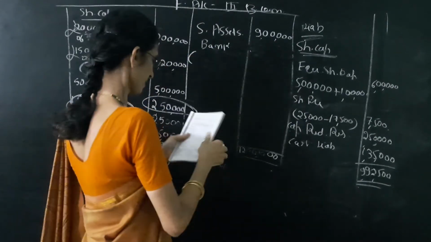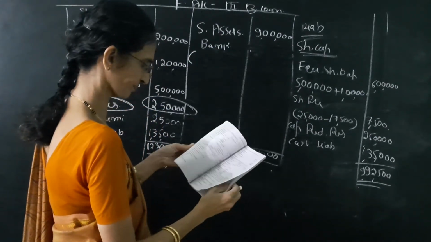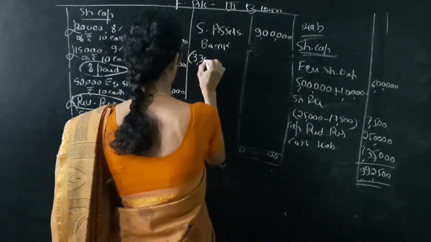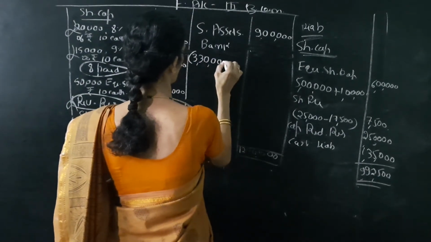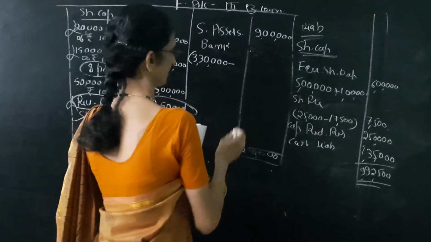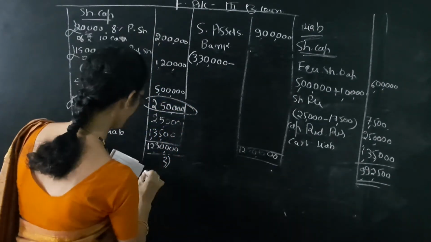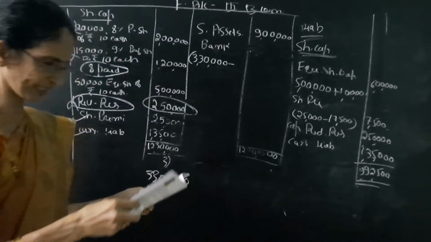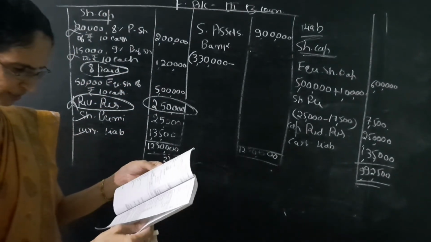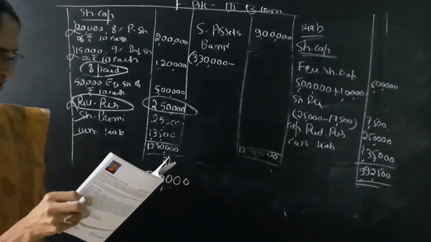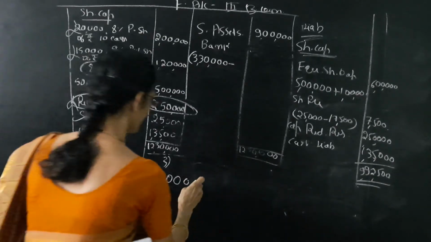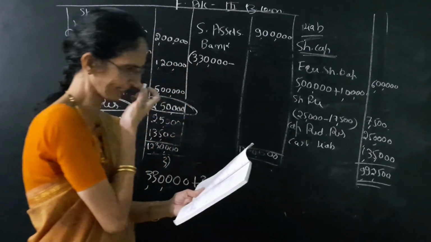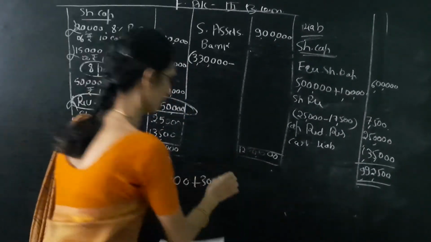Regarding bank, see the opening balance is given. Now I erased it. Opening balance is 3,30,000. See the journal entry. Second entry, bank account debit should be added, so plus 30,000. Third entry also plus 1 lakh.